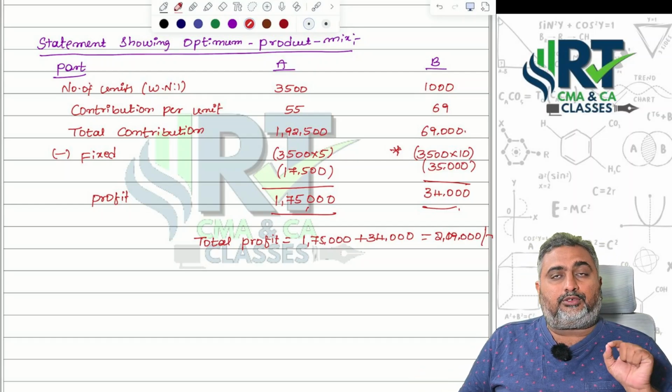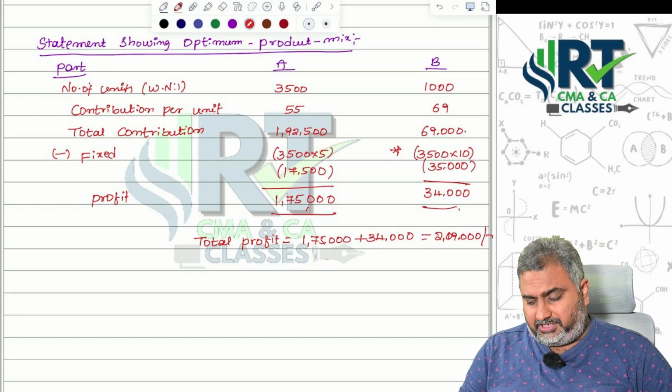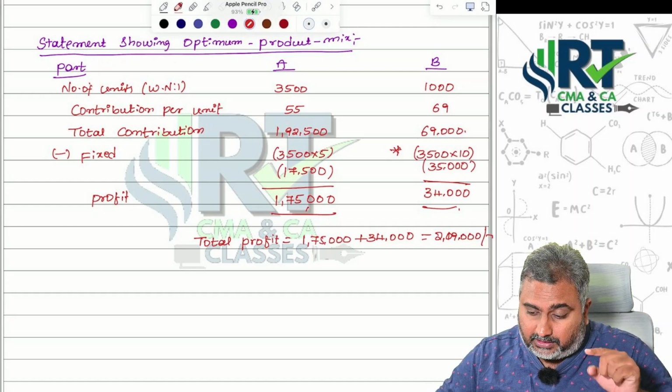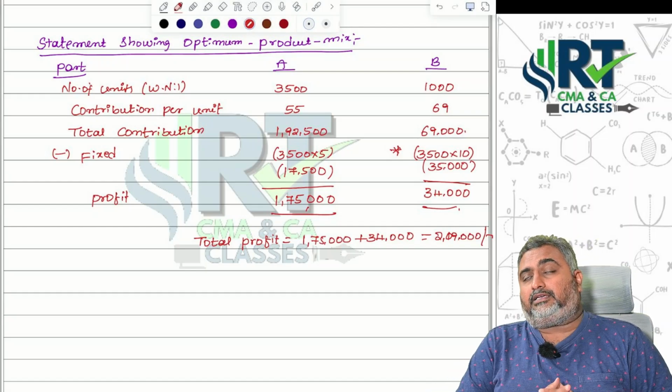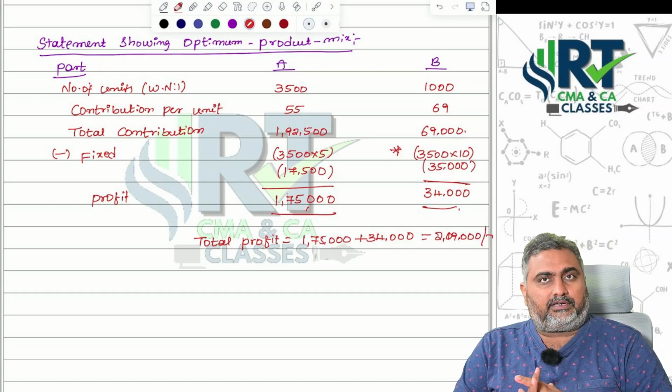This is what we are supposed to do under key factor analysis. Sir, if you remember the theory, what I said: find out the key factor. Second point, what is the key factor? Raw material. Then what we did? Contribution per key factor.